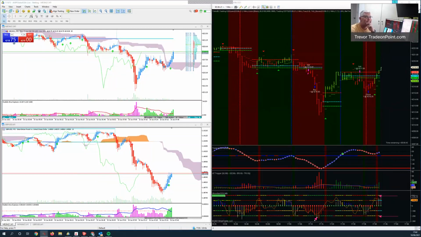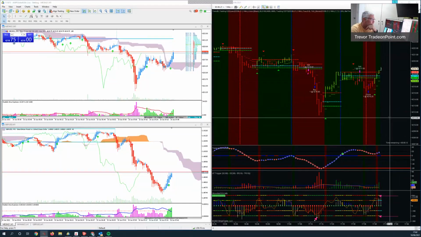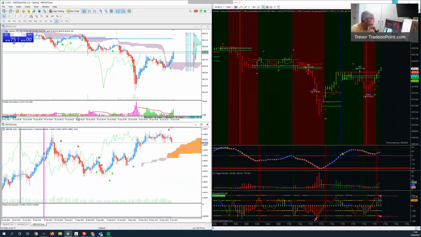I'm a bit hesitant at the moment to get into a long trade, just looking at my 12 hour. Interesting to see what this pound dollar is doing.